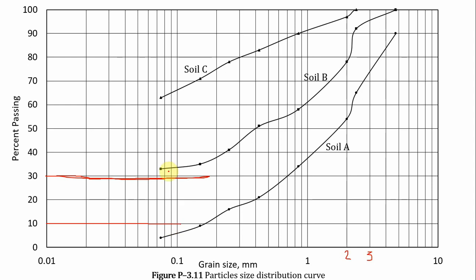So therefore, we cannot solve D30 and D10. Since there is no D30 and D10, we have no CU and CC. So let's try, class, if we can classify this.